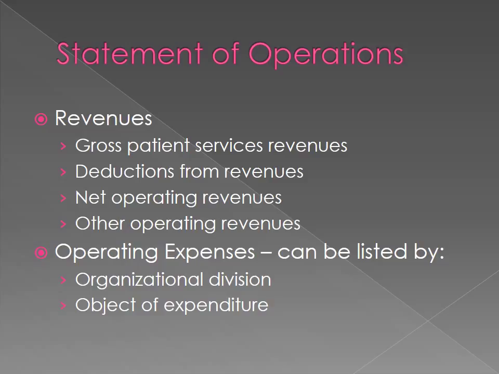They could also be listed by the object of expenditure. In other words, we'd list all payroll in one place. We would list all supplies in another place. That's not very helpful when it comes to a department head, but it is very helpful for, let's say, if the operating statement is for the board members who want to see a big picture idea of how money is being expended.